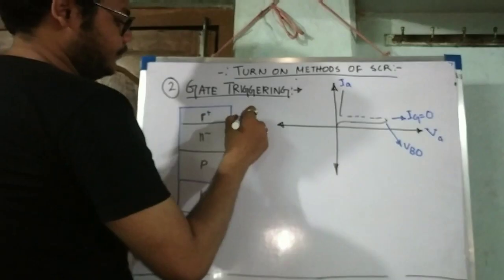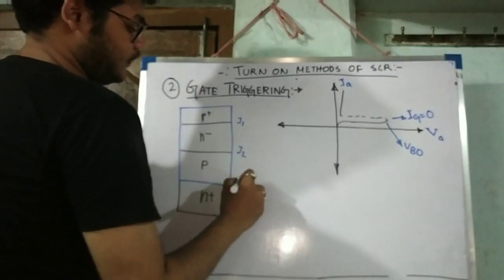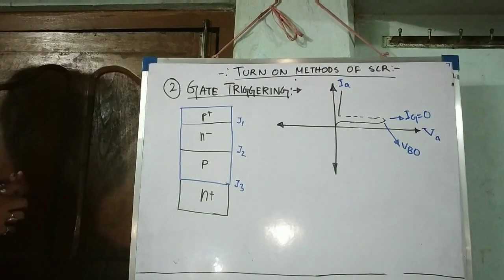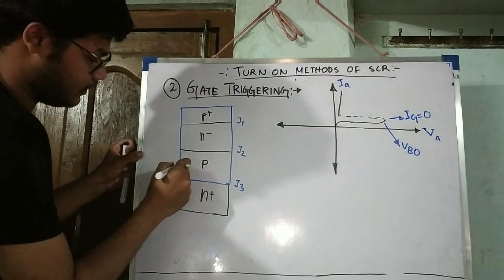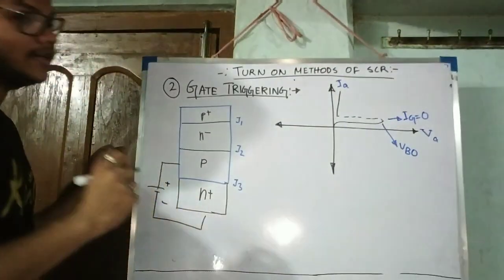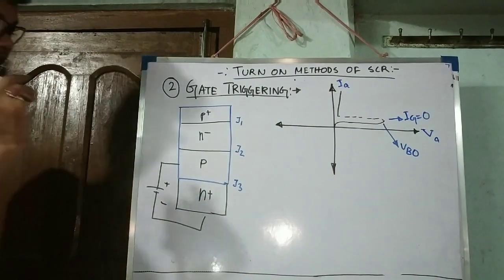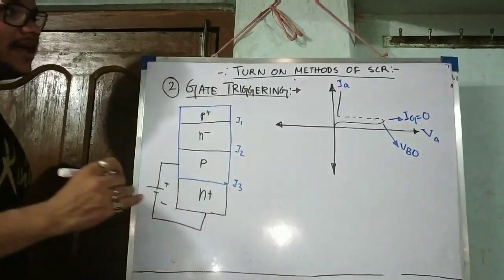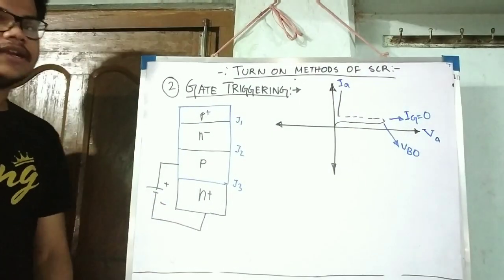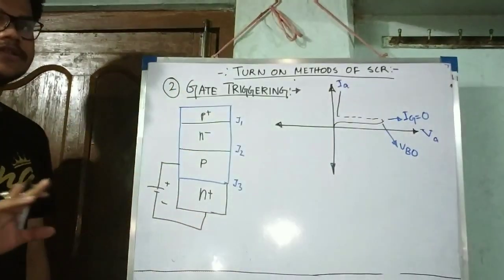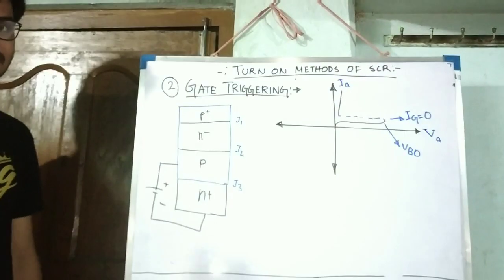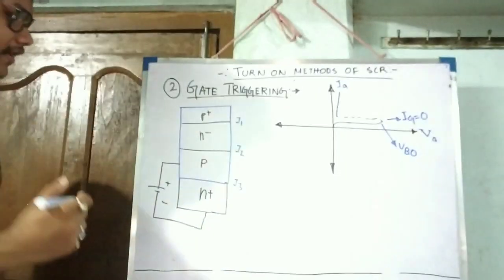This is J1, this is J2, this is J3: PN junction 1, PN junction 2, PN junction 3. Now suppose you have applied a gate signal, a positive gate signal. Remember, a positive gate signal. In SCR, in the reverse blocking state, if you apply a negative gate signal, serious damage will happen in the SCR. We will also discuss that.